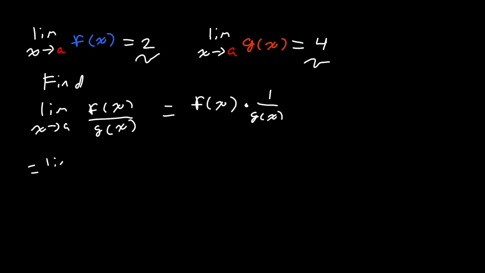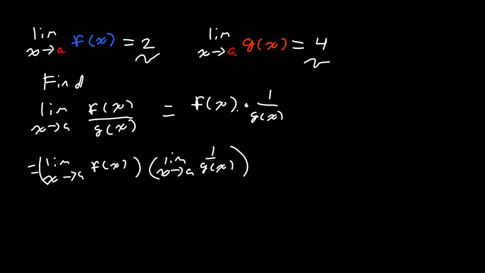So it'll be the limit as x approaches a of f of x times the limit as x approaches a of 1 over g of x. And so, again, we can substitute. This will be 2, and this will be 1 over 4, and so it'll be 2 over 4, or 1/2.